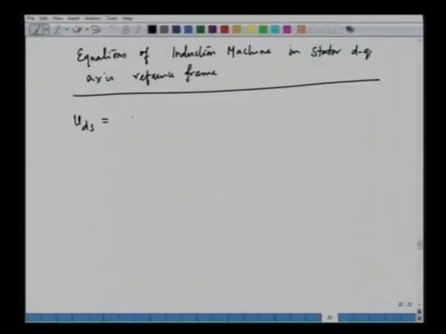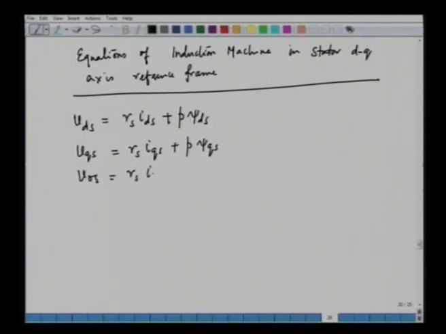VDS is equal to RS IDS plus P psi ds, VQS is equal to RS IQS plus P psi QS, VOS equal to RS IOS plus P psi OS, VDR prime equal to RR prime IDR prime plus P psi DR prime.